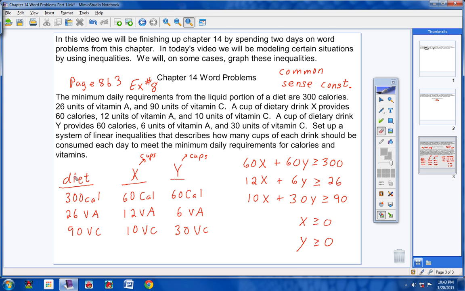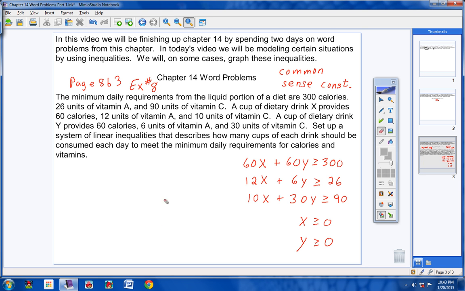And one other thing I want to show you, this is really helpful. If you were to graph this system, look how you can reduce each equation. 60 goes into all of these. So this equation here is totally fine the way it is, but you can rewrite it as x plus y is greater than or equal to 5, because 60 goes into 60 once, and 60 goes into 300 5 times.